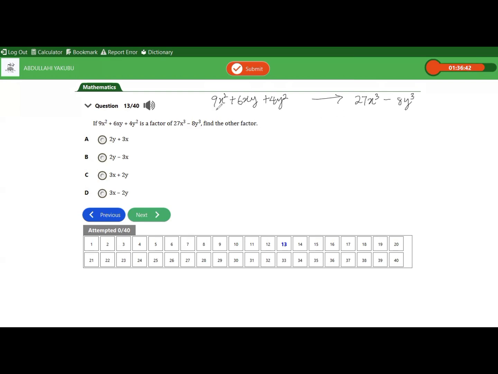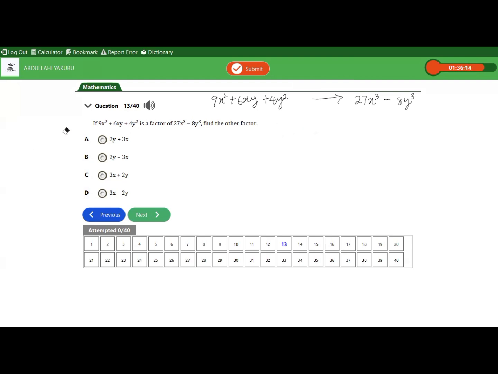So if this is a factor of this, and the question says find other factors, meaning there's something else we need to multiply by this to give us 27x raised to power 3 minus 8y raised to power 3. For instance, if they said 4 is a factor of what? Of 12. It shows that the other factor, which if multiplied by 4 gives us 12, will be 3. So that's the same thing applicable to this one.